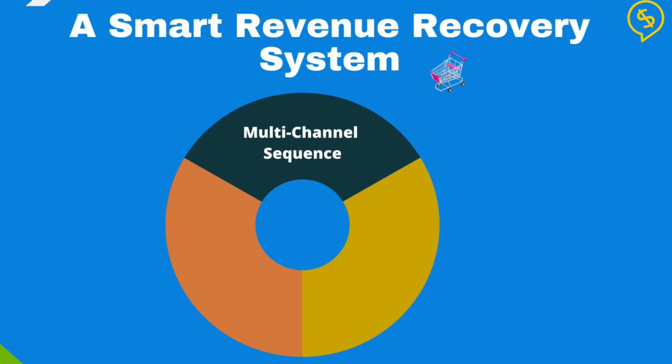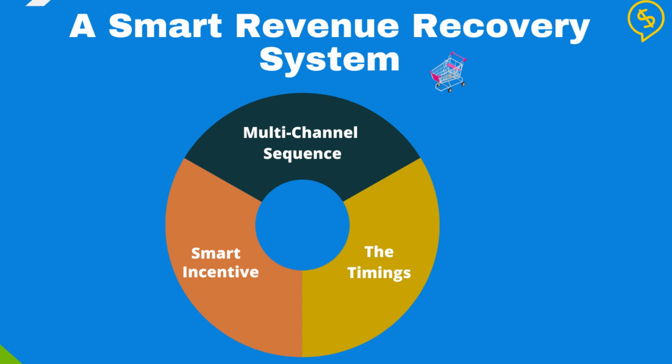You've got the multi-channel sequence, which means not just emails, but SMSs as well to recover your abandoned carts. Then you've got the timings. How well timed is your two or three part email series, and how well timed is your SMS so that it doesn't collide with the email that you send out?